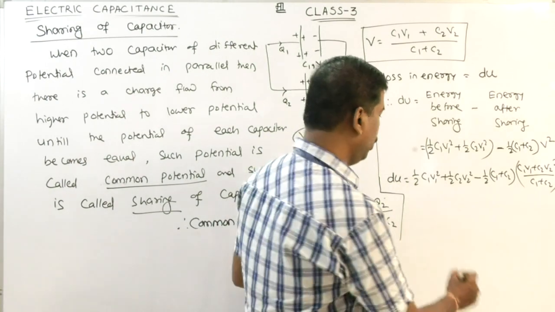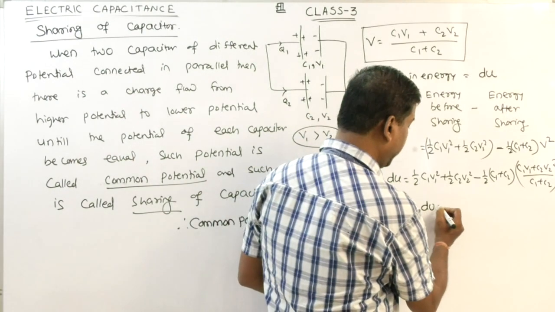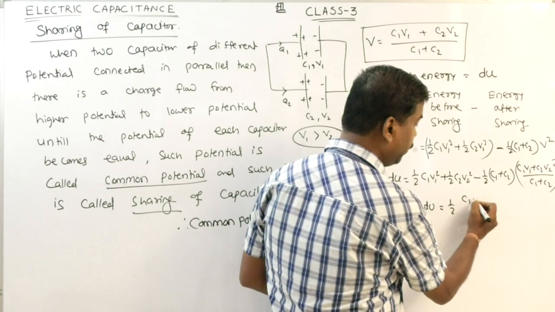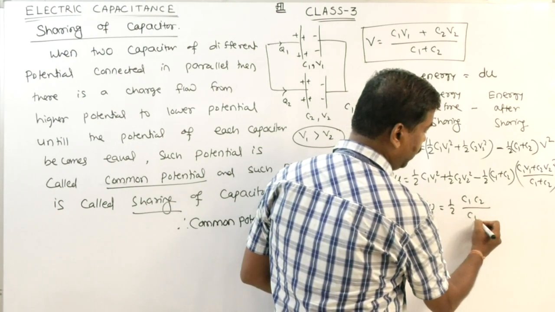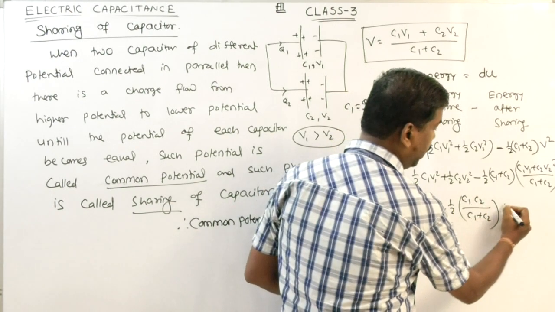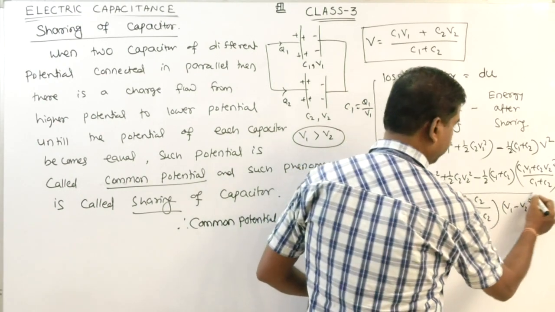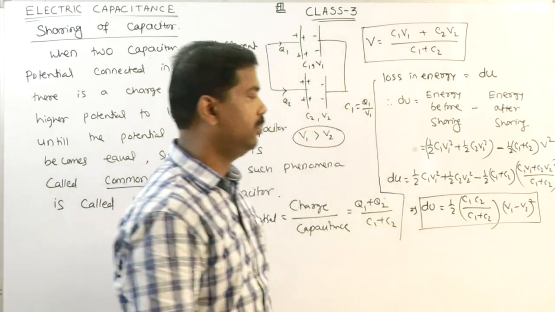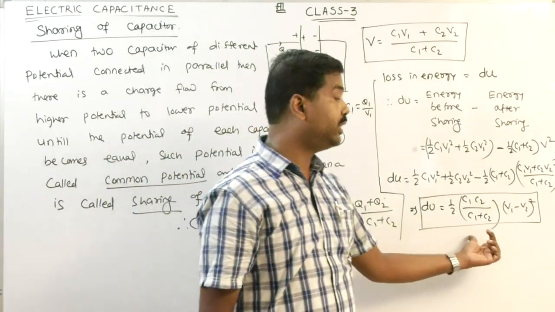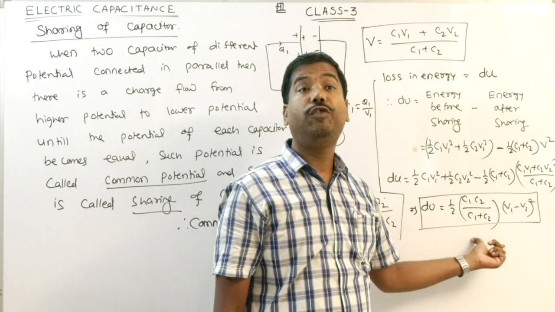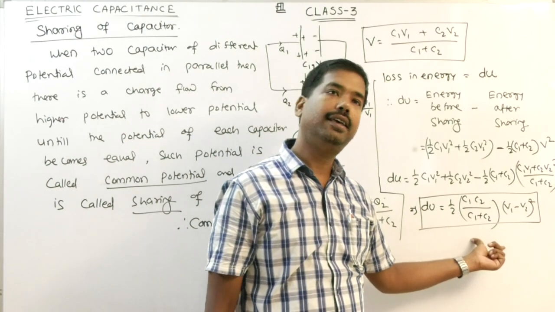Clear? So by calculation we obtained half C1 C2 by C1 plus C2 into V1 minus V2 whole square. Clear? This is the expression for the energy loss when two capacitors are in sharing.